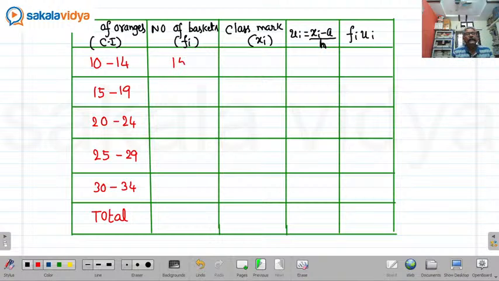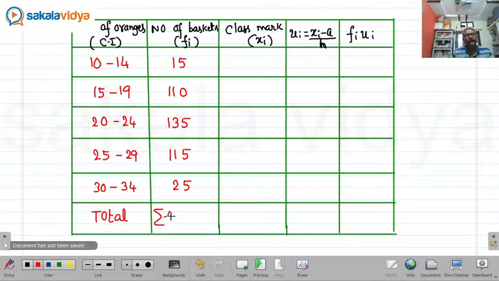Frequencies given: 15, 110, 135, 115, 25. Total frequency, that is sigma fi, you need to find out.